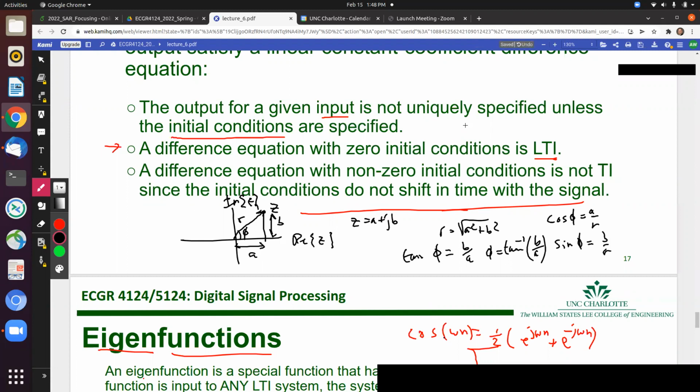And so if we have r e to the j phi, that is equal to a plus jb. Well, then we divide through by r, we have e to the j phi is equal to a over r plus jb over r, and we make a substitution, and then we're done, right? This is cosine of phi, and this is j sine phi.